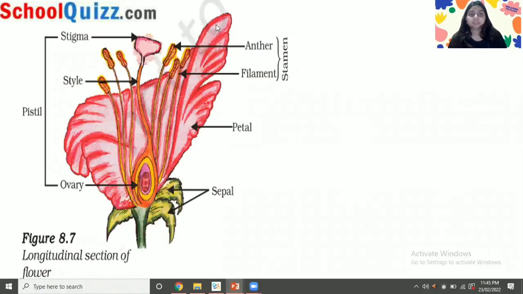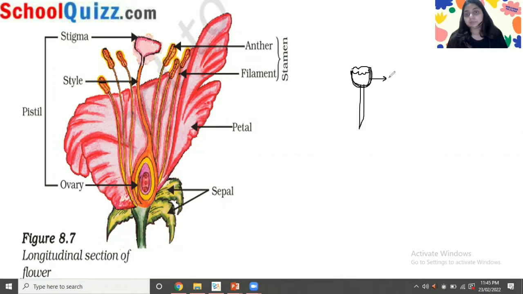So this is the structure of the plant. You can see there is a flower. Basically, where do plants reproduce from? This is a plant, and this is a flower.